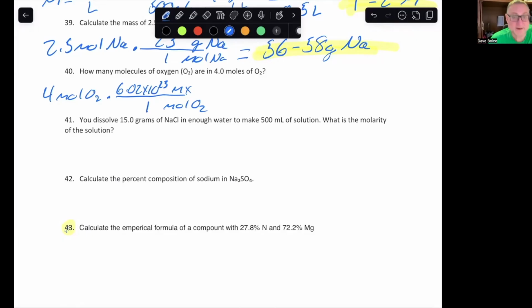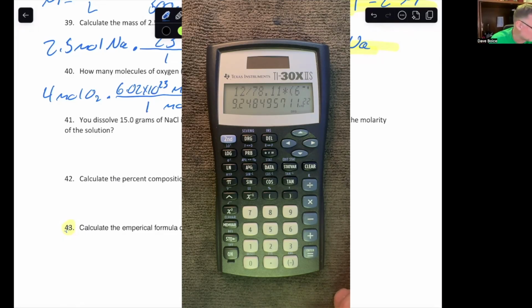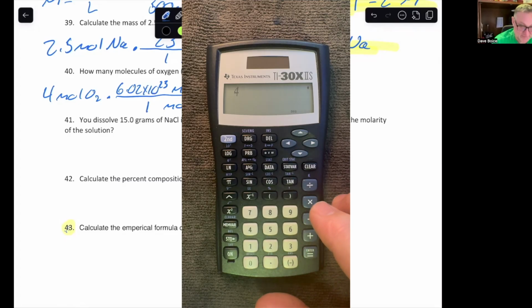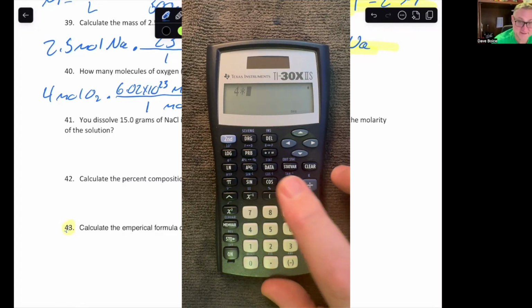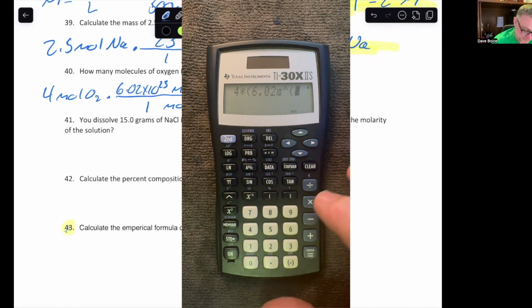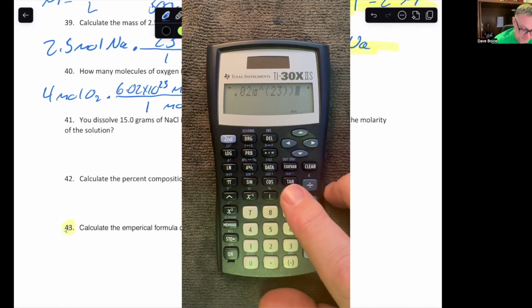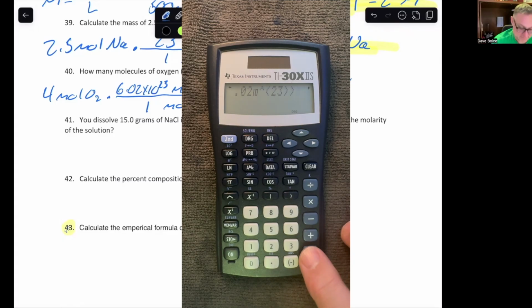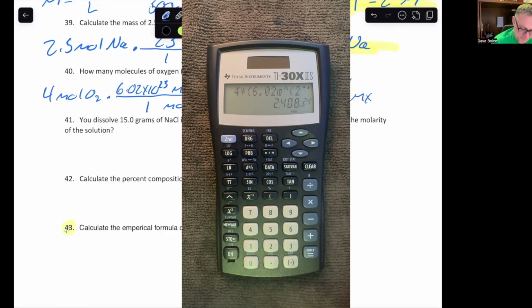And so if I put that into a calculator, I'll just give the actual answer to make sure that you are putting in scientific notation correctly. So you should get, at least rounded, 2.41 times 10 to the 24 molecules of O2.